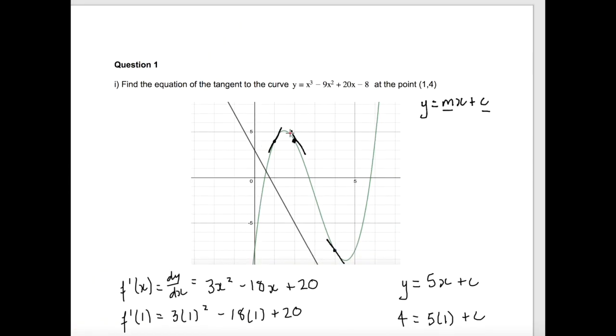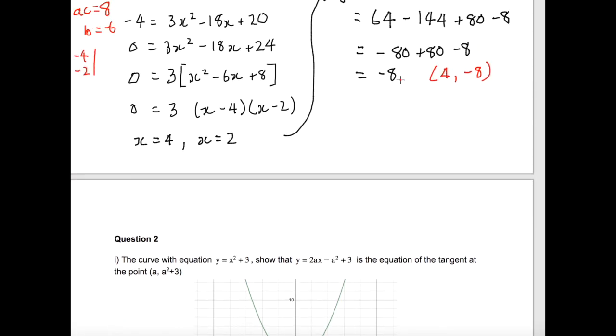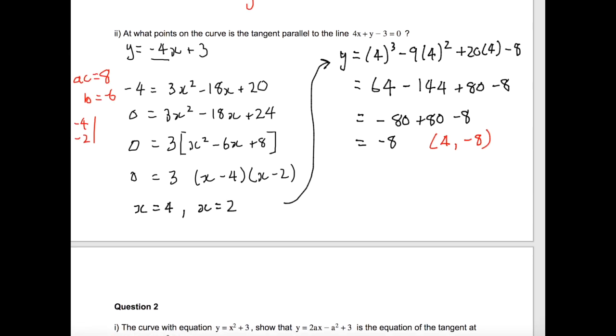And you'll see from up here, that will be this point down here, 4, -8. And take my word for it that the other point is, let's do it, might as well.